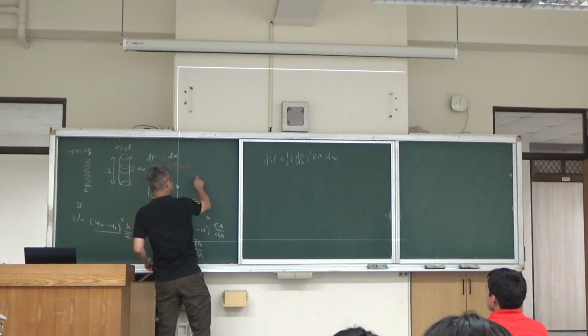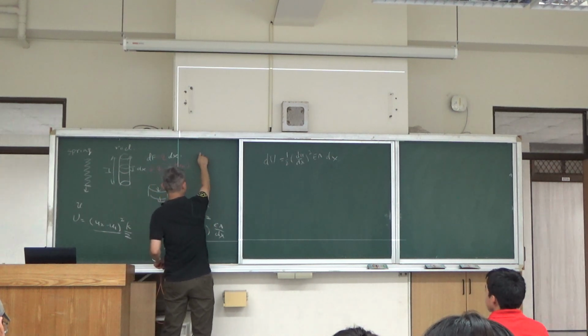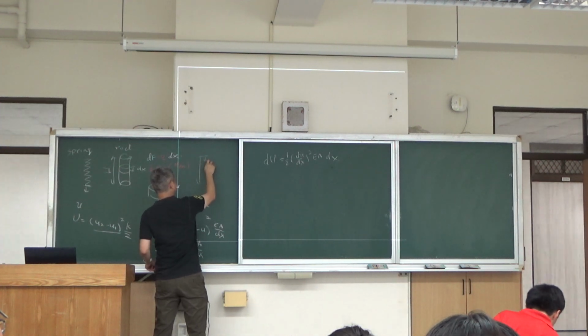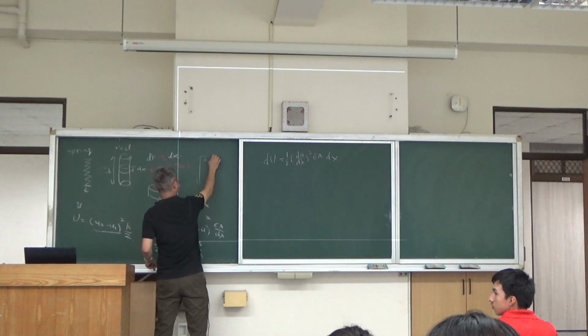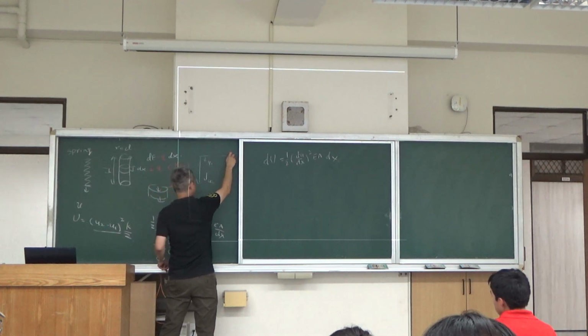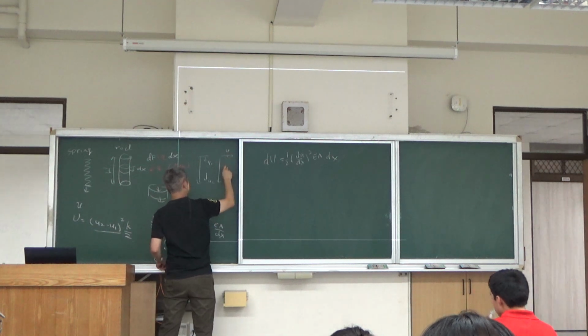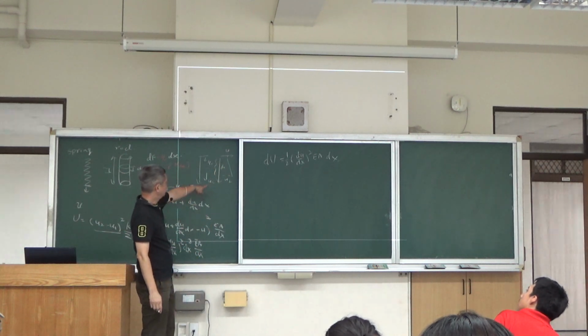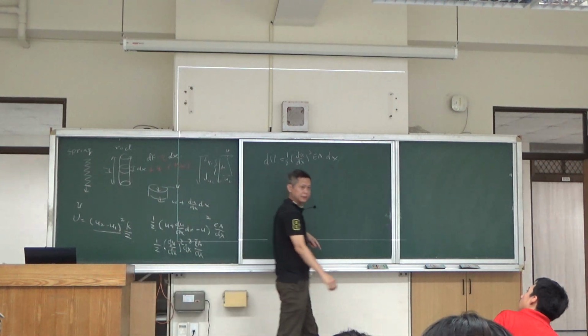If you cannot see the change of displacement from U1 to U2, this is difficult to see. Then why not I draw them in this way? U1 here, after some distance, this is U2. This distance is called dx. You now know the meaning.